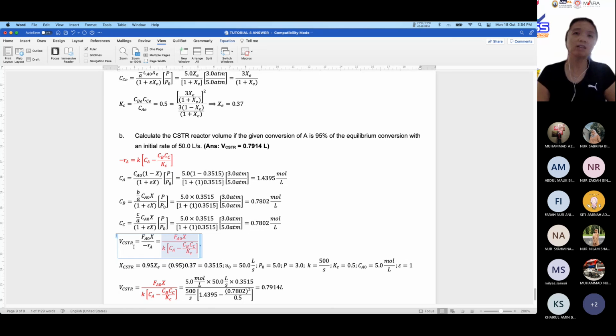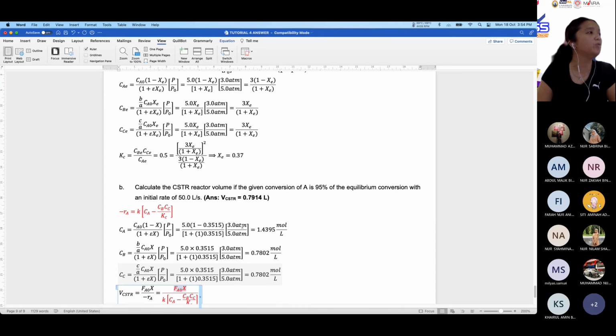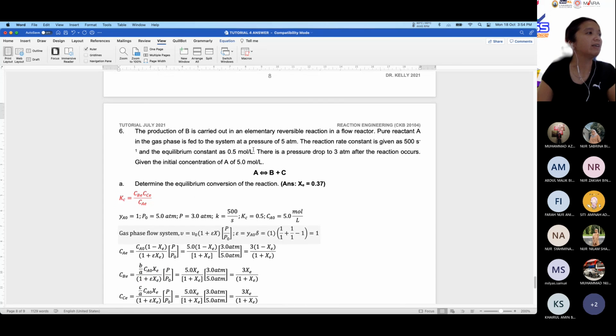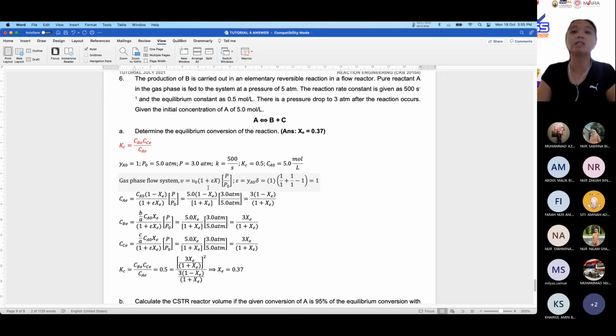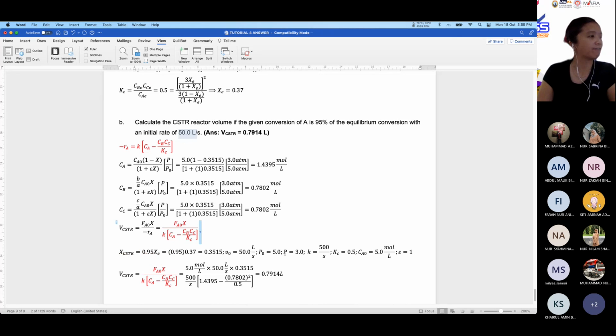We want to find the volume, so on the right-hand side everything has to be replaced with numbers. First of all, FA0. In this case they give us CA0 and V0. They give us V0 of 50 and CA0 of 5, so you can find FA0.